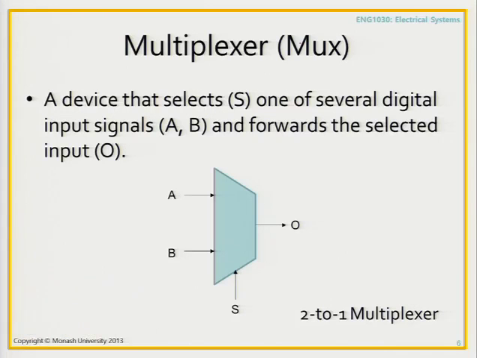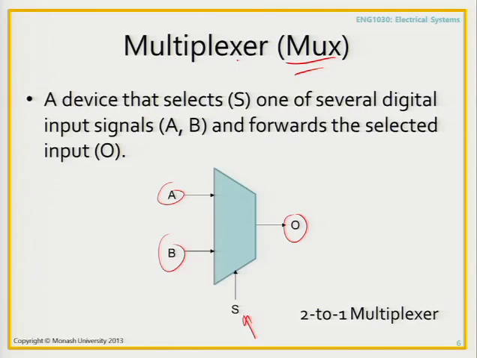Essentially, it's a digital switch that switches the output, O, to be the same as whatever the input is at A or B, depending on what I put at S. This process is called multiplexing.